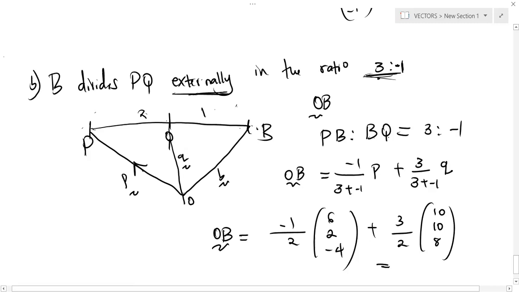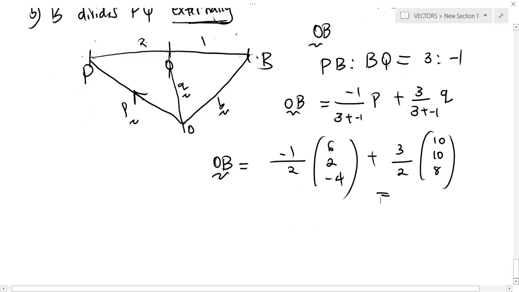If you evaluate this correctly, this is going to give us, so let's do it over here. This simplifies to -3, this simplifies to -1, this simplifies to 2, plus 3 over 2 times 10, that will be 15.